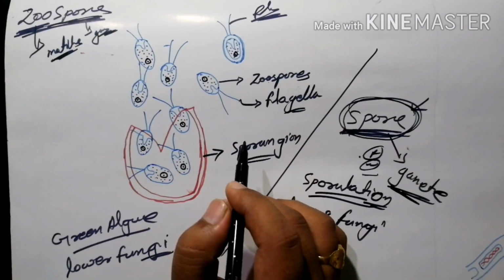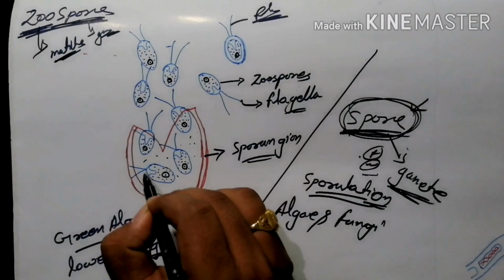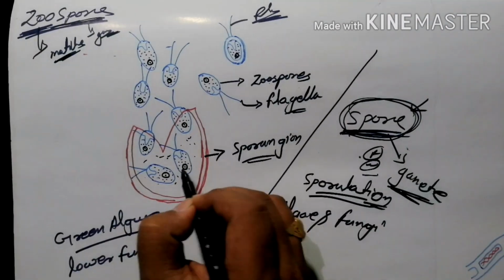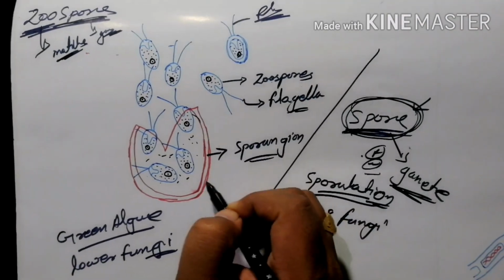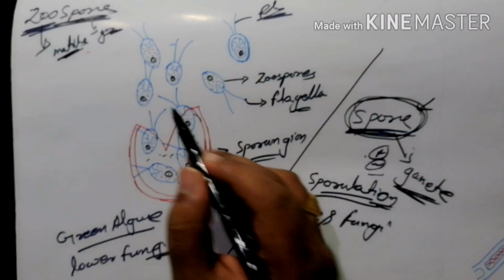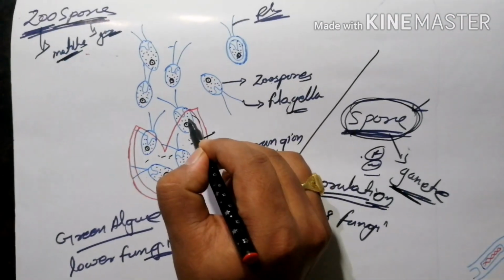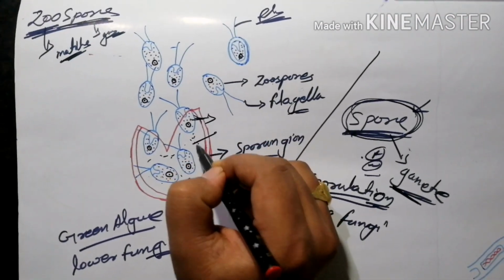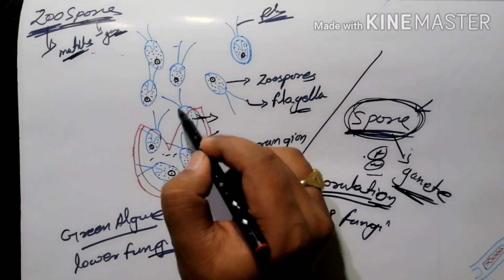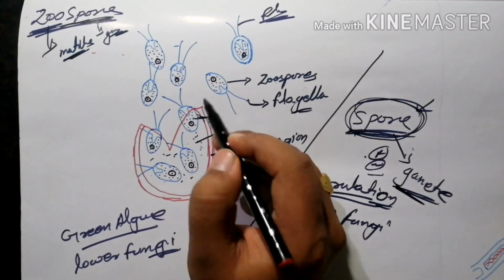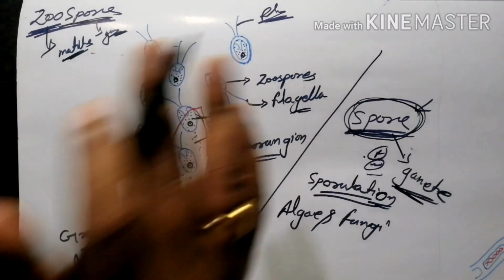Each nucleus gets surrounded by some cytoplasm. After the sporangium breaks, it goes out with some cytoplasm, because this is the cytoplasmic nutrient medium. It bursts out, and the cytoplasmic nutrient medium with the zoospore and flagellated structure comes out.